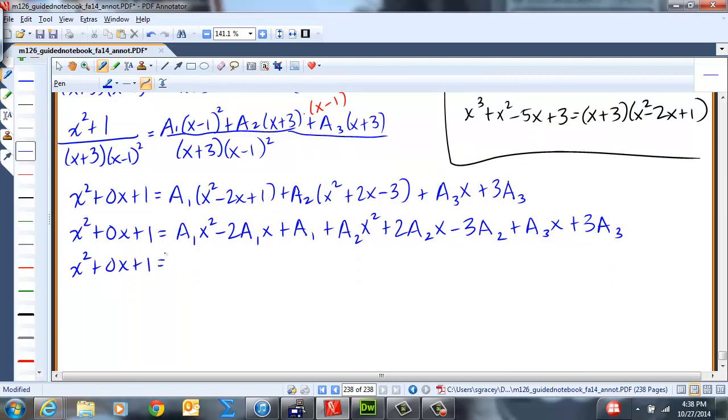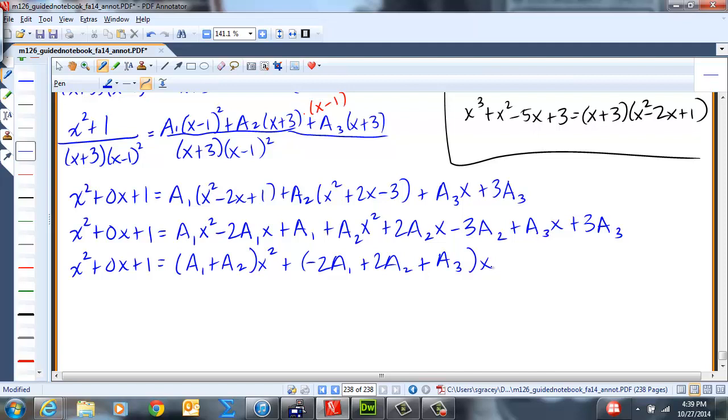So our x squared terms, it looks like we have A1 plus A2 times x squared. And then our x terms, we have negative 2A1 plus 2A2 plus A3 times x.